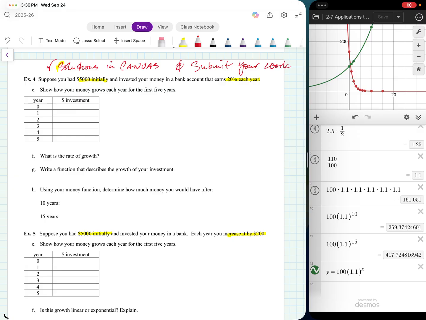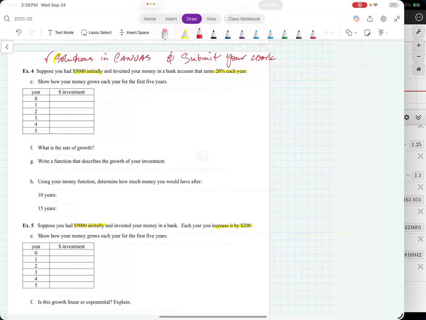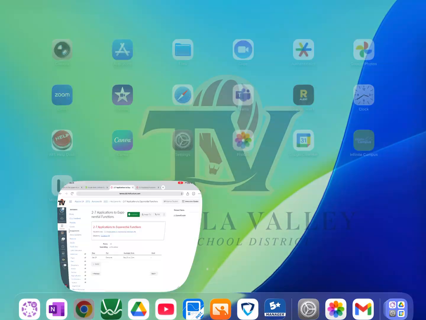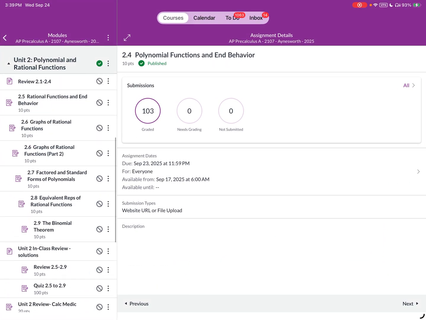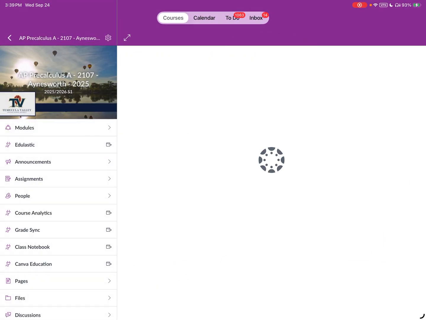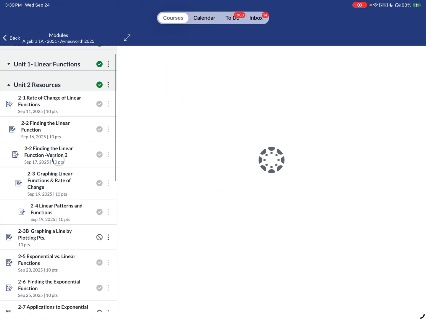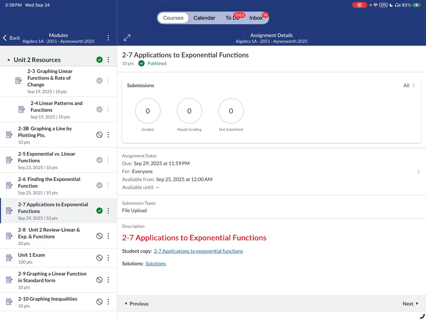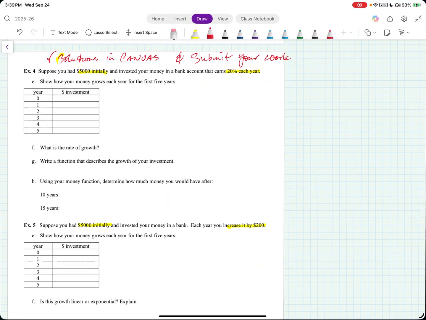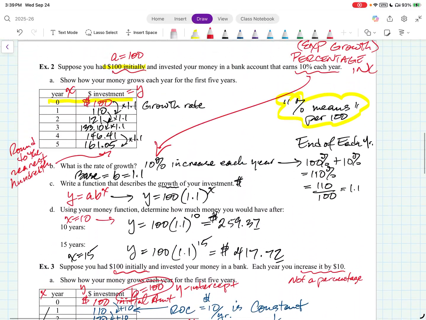Again, let me just show you Canvas here. Let's go full screen, go up here and go to Canvas. This is pre-calculus. Let's go into your Canvas here, go to 2.7 applications, and look at that, there are the solutions right there at the bottom of the screen. So you have a way to check your work, and hopefully this helped you out here.